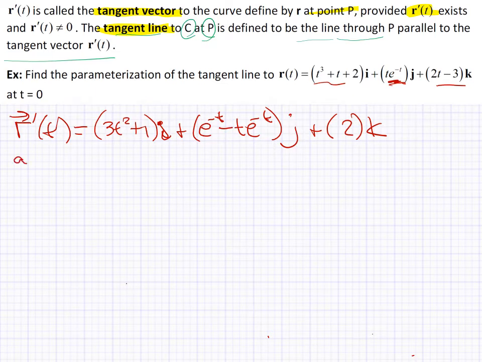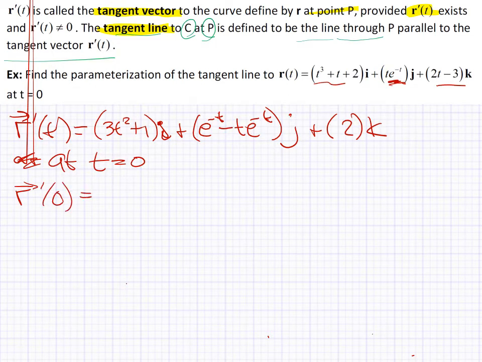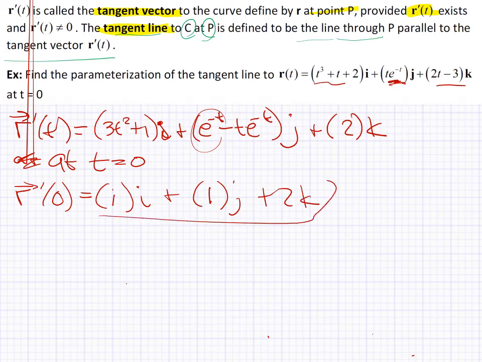Let's say at t equals 0, we would find r prime of 0, and that would simply be 1i plus, this would be e to the 0 minus 0, so we get 1j, and then 2k. So that's the tangent vector at that specific location, the parallel vector when t equals 0.